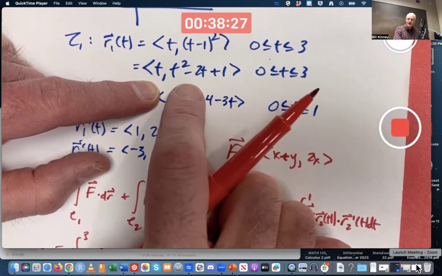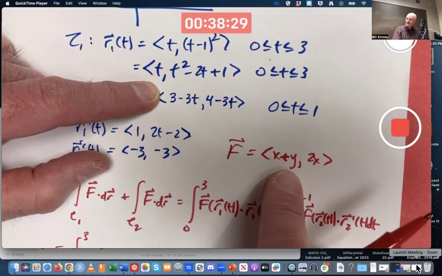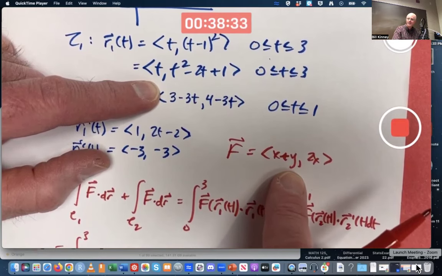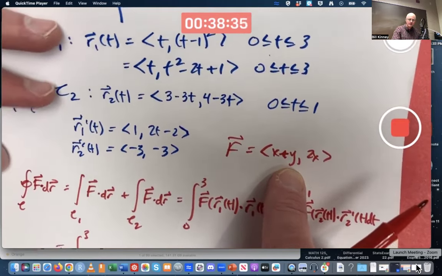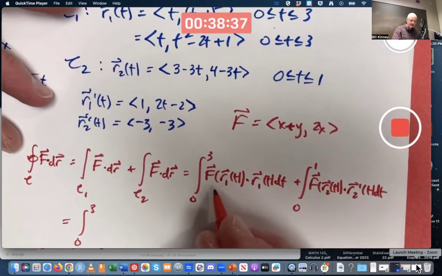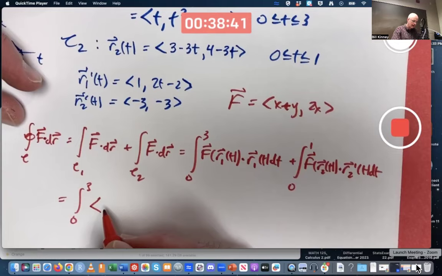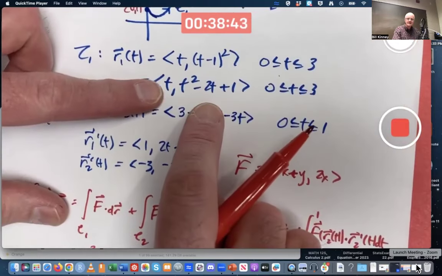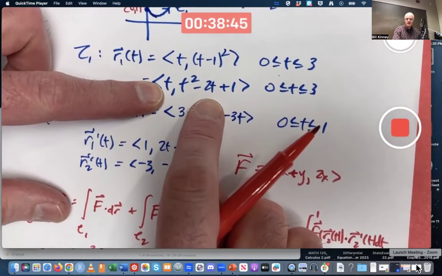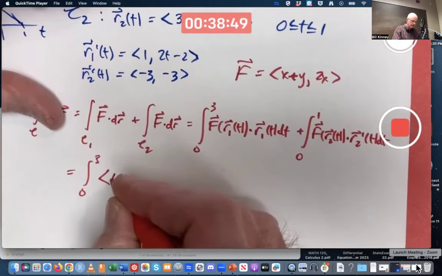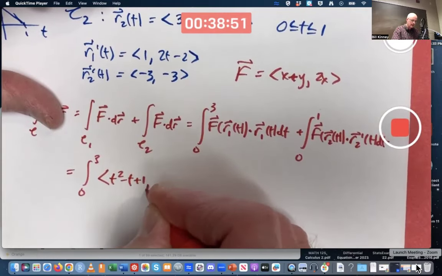I'm plugging R1 into the first component, x plus y, to get the first component of this thing. Add these. T minus 2t is -t. I'll get t squared minus t plus 1.